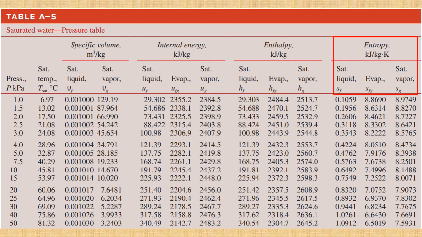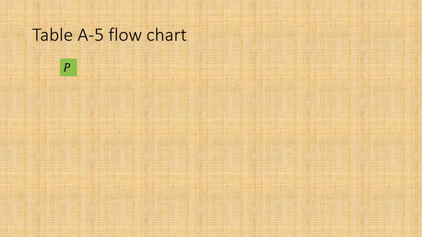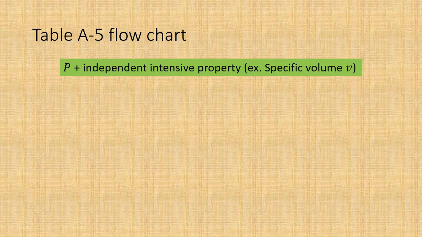If we are given the pressure and one more independent intensive property, for example specific volume, we can go to table A5 and look across the row containing the given pressure. Then, based on the other intensive property, we can determine the state description.